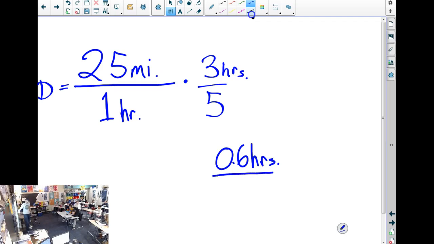If I try to put that into a fraction, that's why the label goes in the top. Because this 3/5 of an hour is 0.6, which is equal to 3/5, but my label would still belong up here. Does that make sense?